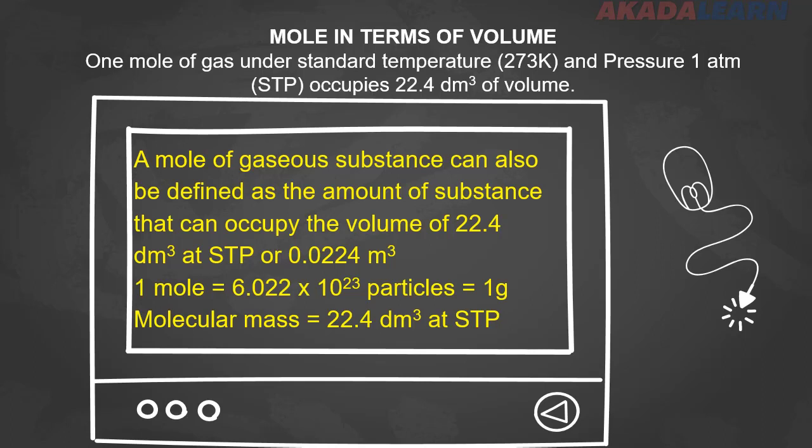That means 1 mole, of course we know is 6.022 times 10 to the power 23 particles, is equal to 1 gram of the molecular mass, which is also equal to 22.4 dm cubed at STP of a particular substance.